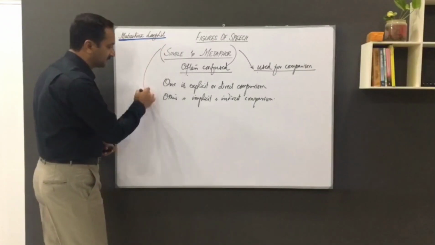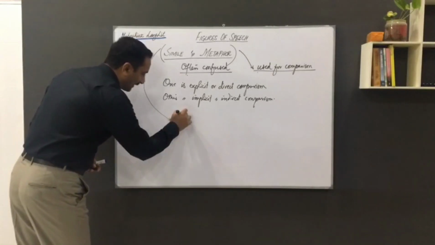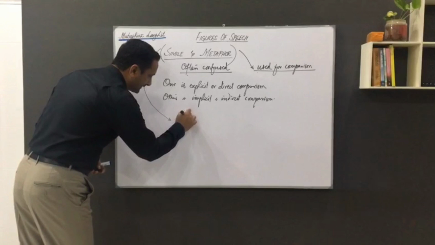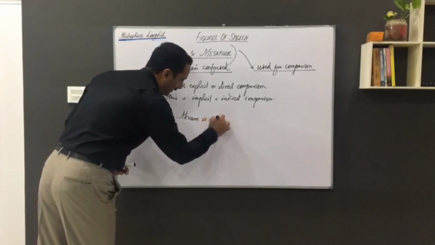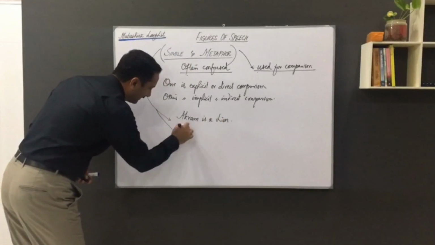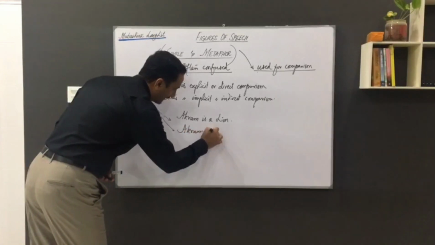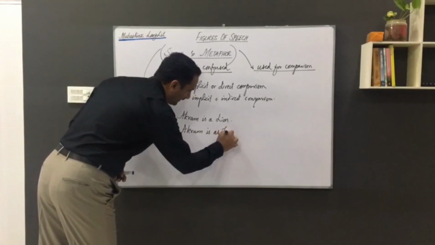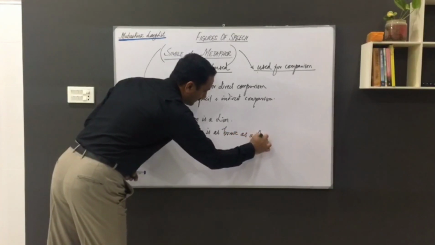Giving examples to students, for example we say, Akram is a lion, and second, Akram is as brave as a lion.